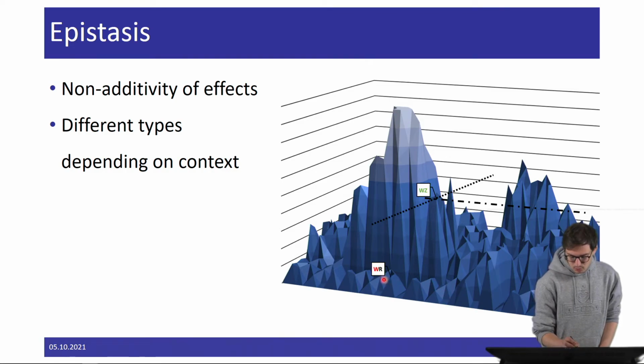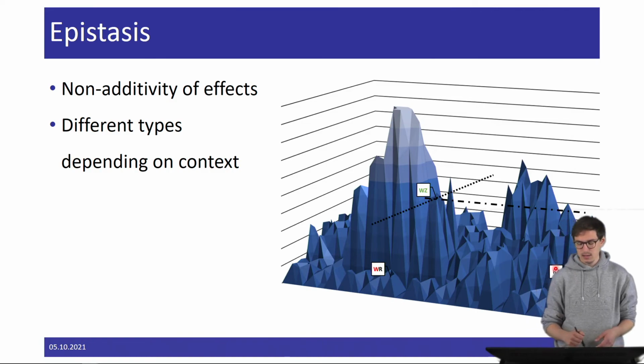We can see that we have one mutation here, which is called W, and it is paired with some amino acid R. And then we also have one right here that is called Z, and it's also paired with R, right? If we were to say this would be our starting point here, let's say at 0 activity, and we mutate both variants, then we see a slight increase of activity, but overall low activity for both amino acids.